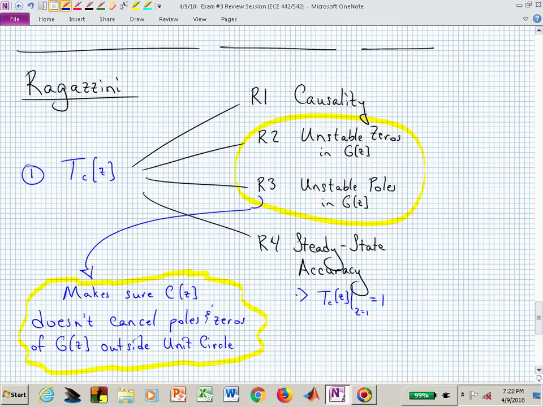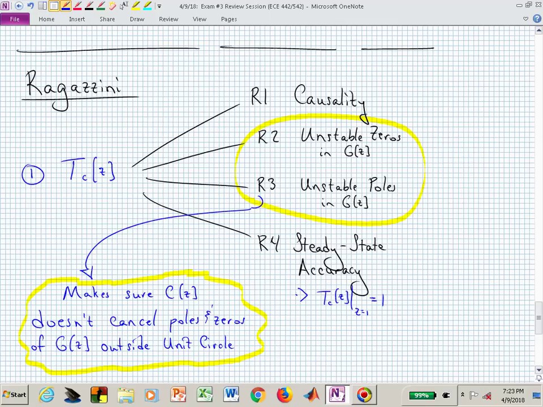You can't reduce that in your desired closed loop transfer function. If your original plant has a pole zero excess of 2, you can't make T sub c of z have a pole zero excess of anything less than 2. Is that clear? It has to be 2 or more. You have to have 2 more poles than finite zeros in T sub c of z.